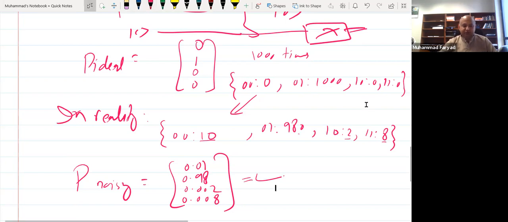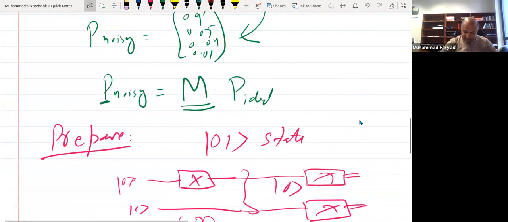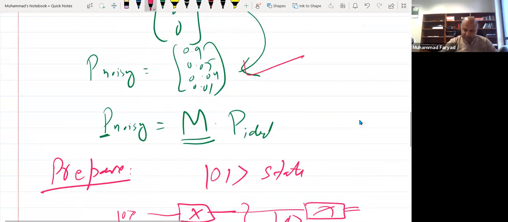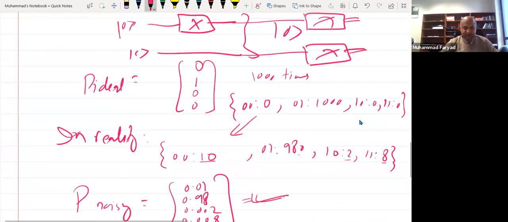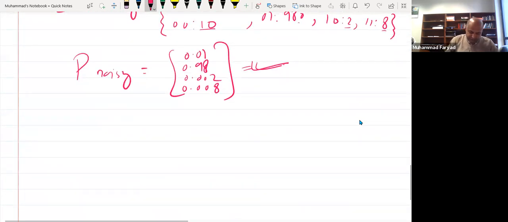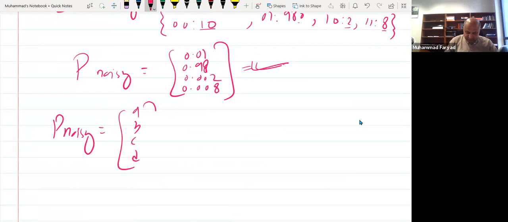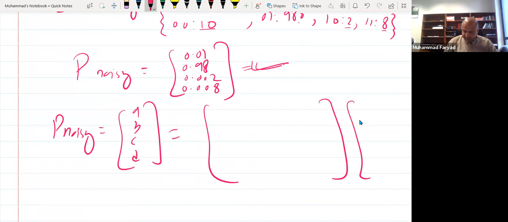So if I put this thing and this thing together, I can begin to get the elements of this matrix M. Let's say I have a P noisy, and we can call its entries A, B, C, D. And then there is this matrix M, and here is my P ideal.